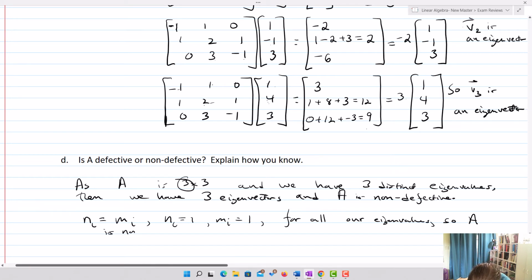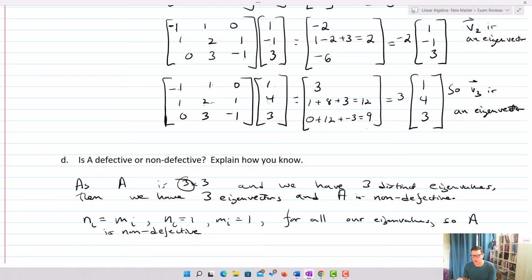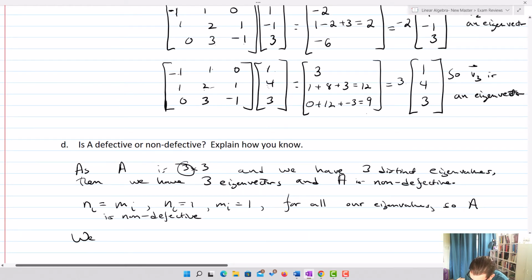That's another one. The algebraic and geometric multiplicities have to equal each other in order for our matrix to be non-defective. Or we can construct an eigenbasis.